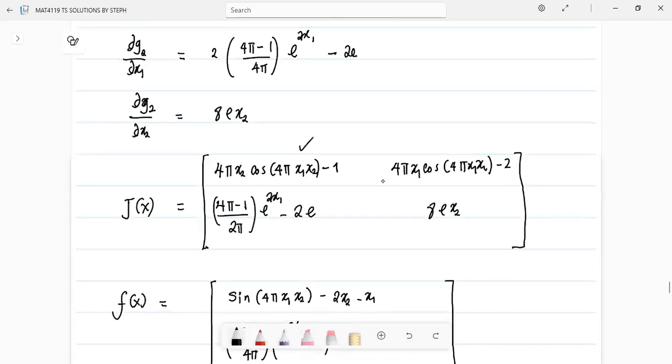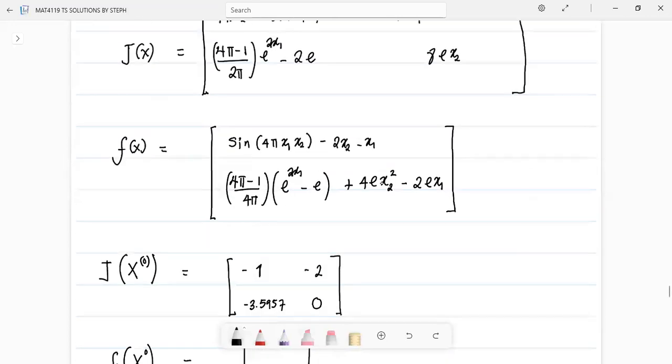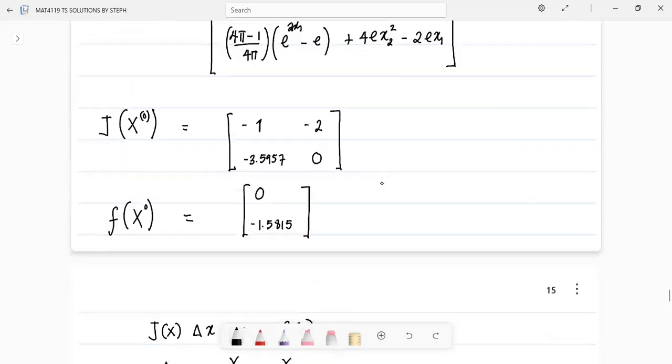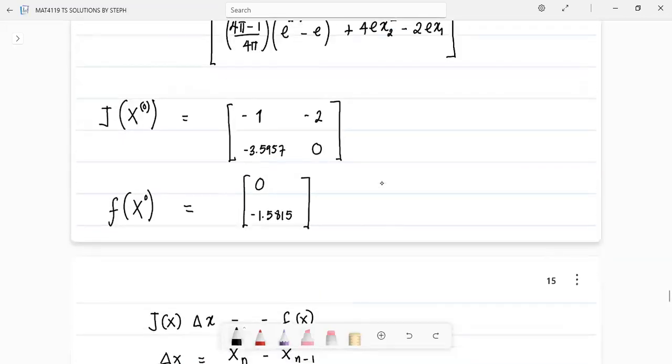Those values representing x1, the value on top, and then x2, the value below. So we're going to plug them here to get our new Jacobian matrix, as well as plugging them here to get our new 2 by 1 f of x matrix. And then the process will continue from there. You're going to come up with a new Jacobian matrix, and also this one will be new.